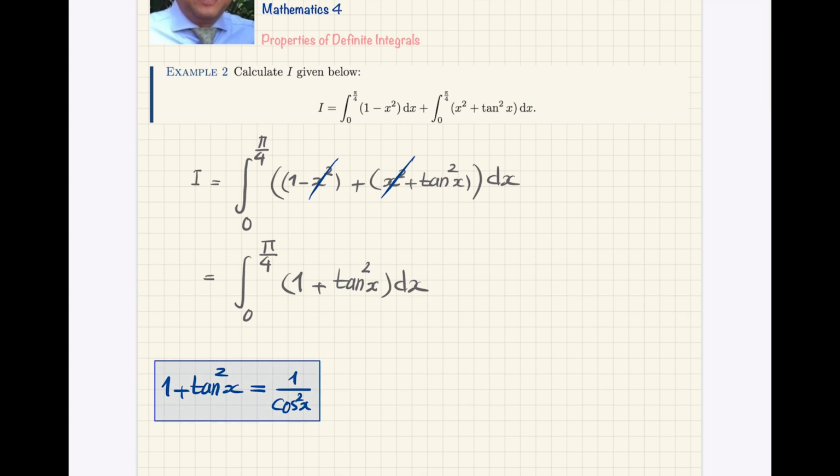So now, can you tell me what is a primitive function? This is a famous one. What is a primitive function for 1 over cosine squared? No idea? ln. No, not ln. No, it's not related to ln. It's related to, no one remembers?